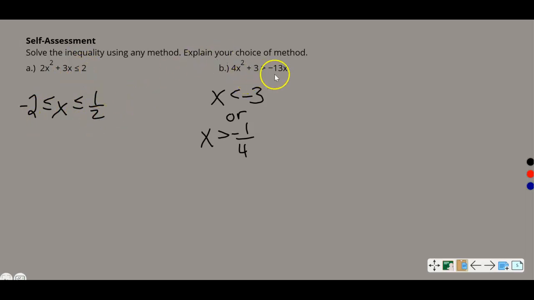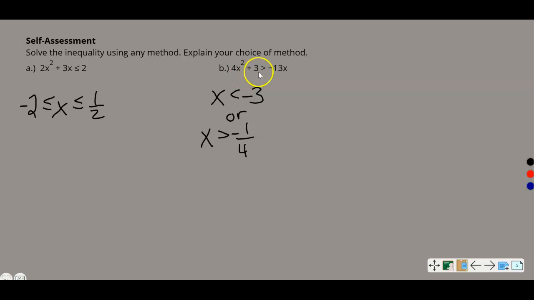All right, for this one, you also would have to add 13x. That's your linear term, so that would go in the middle, and then set it equal to 0. So your A would be 4, your B would be positive 13, and C would be 3. So if you got those numbers out of order, if you got the 3 and the 13 mixed up, then you would get a different answer.